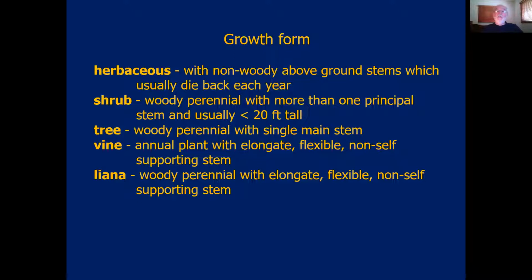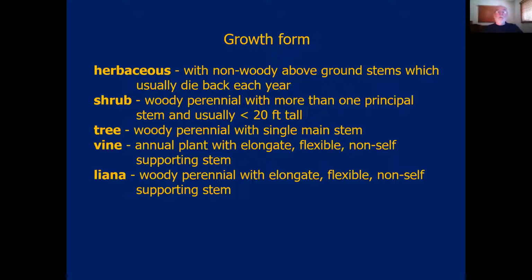Their stems are normally also green on the outside, photosynthetic, and herbaceous plants normally die back after a growing season. Like, for example, again, the lupin we saw in last class, or the California poppy, many of the annual plants that populate our hills that live only for a few months, all those are herbaceous plants.